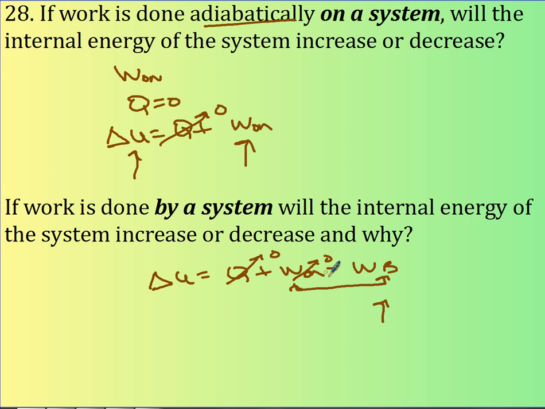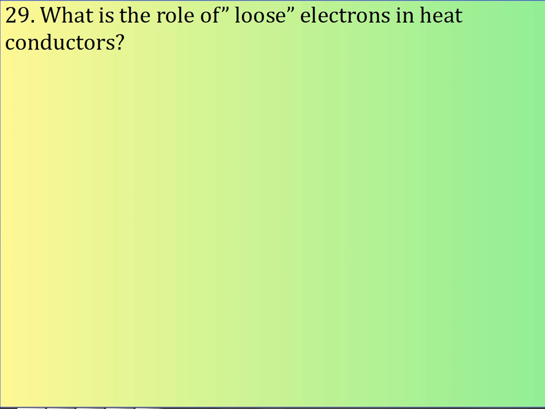So as you increase this negative number, you're going to have a negative change in internal energy. So the internal energy is actually going to decrease or become more negative, which also means the temperature is going to decrease. Kind of an interesting concept there.